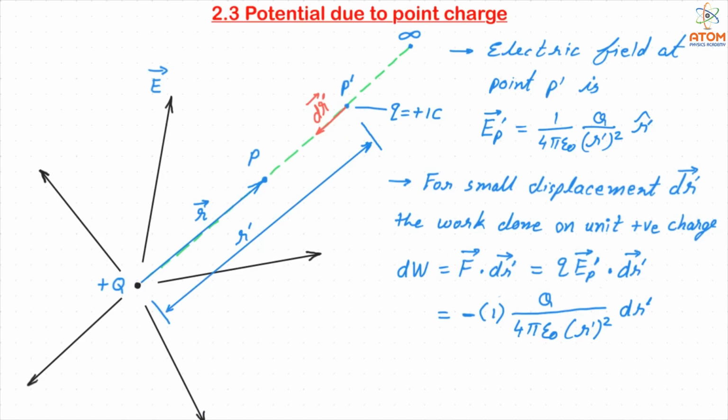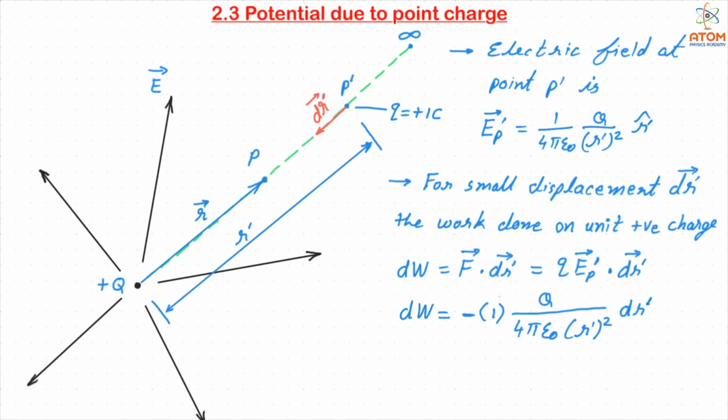So obviously you can put EP dash dr dash cos theta, and this cos theta will be cos 180, which is minus 1. That's why this sign will be minus. So this is the small work done on unit positive charge while moving it from point P dash towards the charge Q.